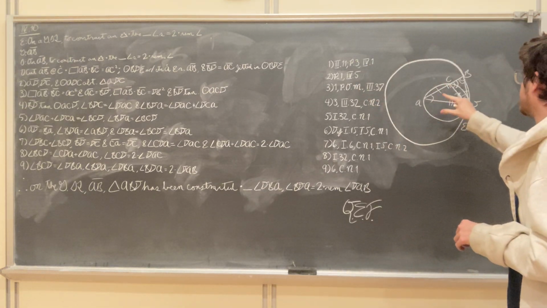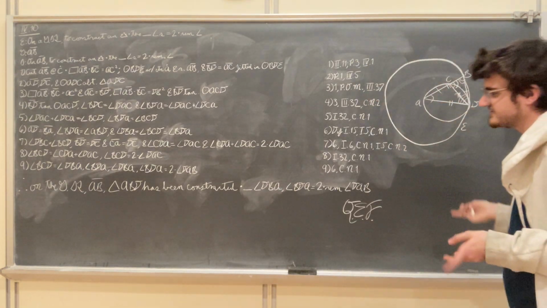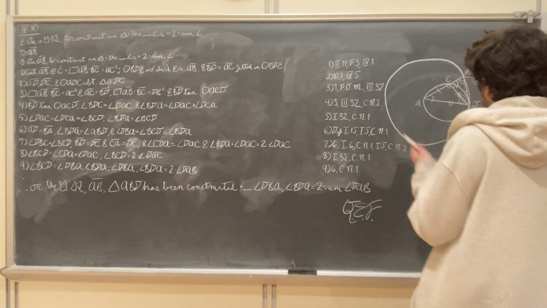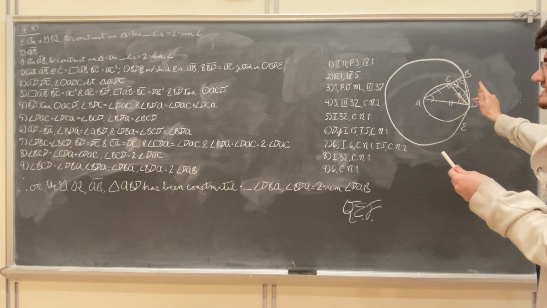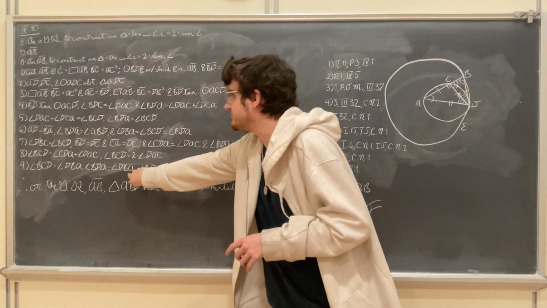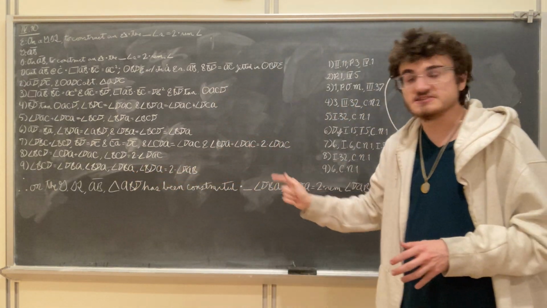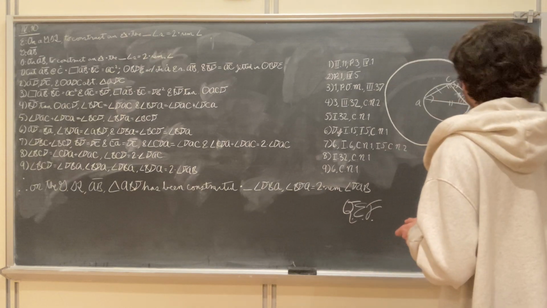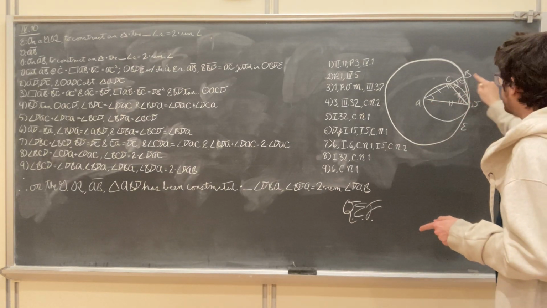So DAB is just the same as the angle DAC. And so in this triangle, ABD, we have the two angles DBA and BDA at the base, which are equal to double the remaining angle DAB.